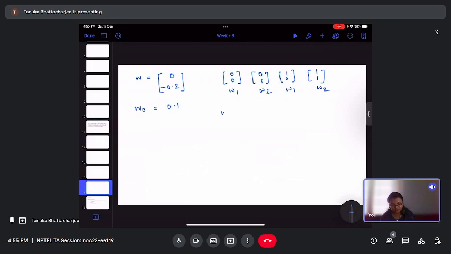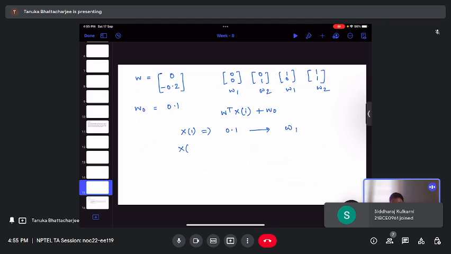So if you now compute W transpose Xi plus W naught, for x1 you will get W transpose, which is 0 minus 0.2 transpose into 0 0, you will get 0 plus W naught is 0.1. So you are getting 0.1. You classify it to omega 1.